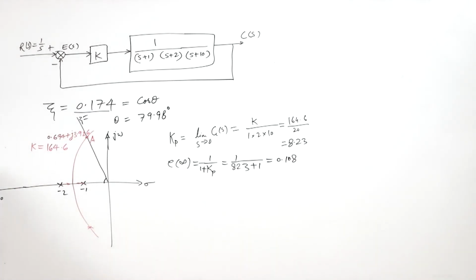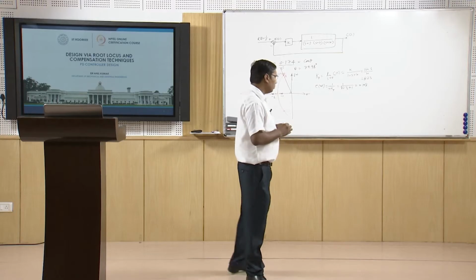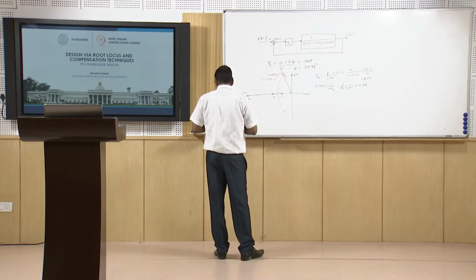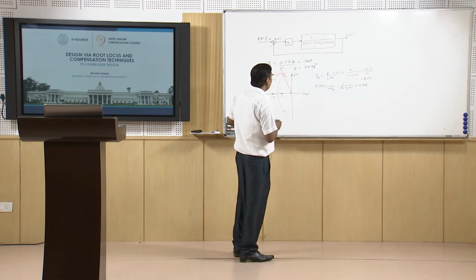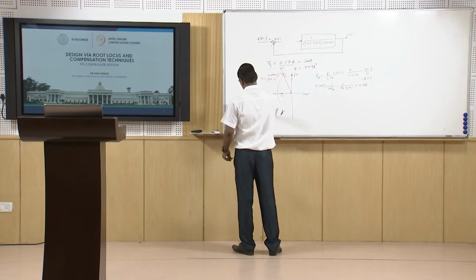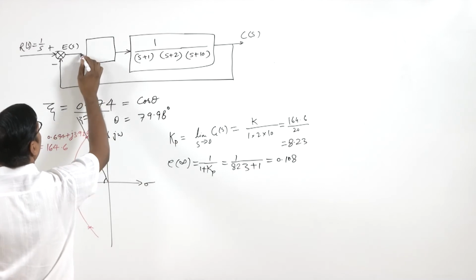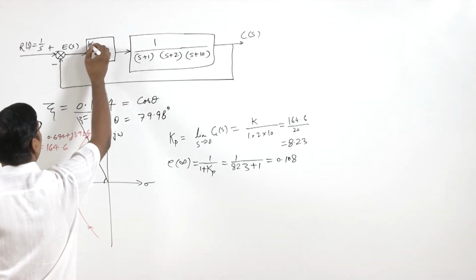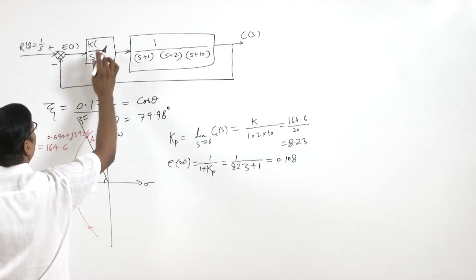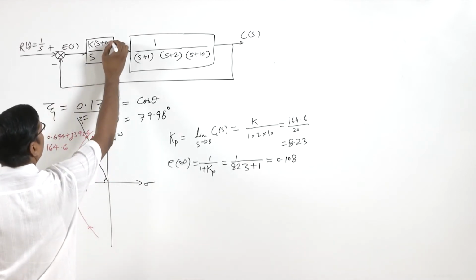Now if we want to design a compensator, instead of just a gain, so that the steady state error is 0, let's take one compensator in this circuit. Let's have K upon S, so one pole, and we put a zero close to the pole, at 0.1.